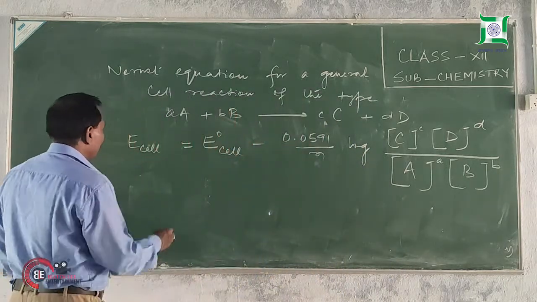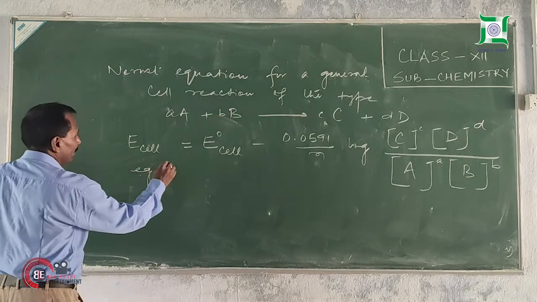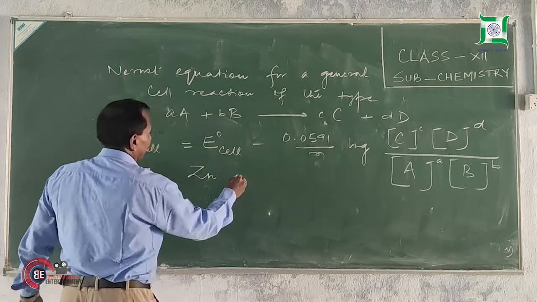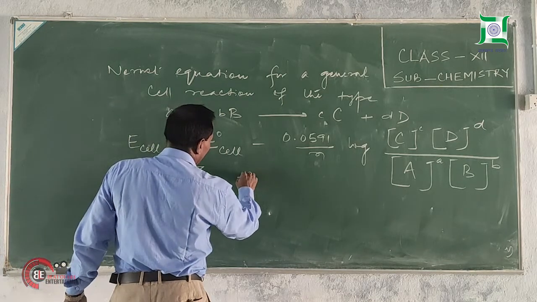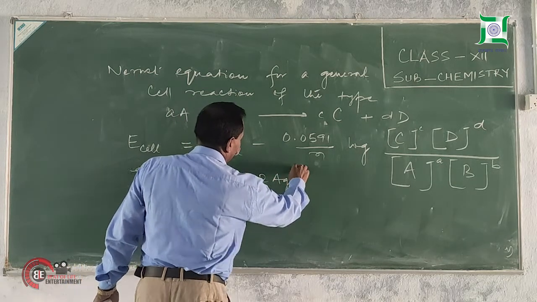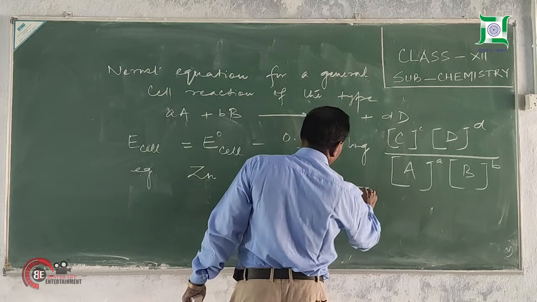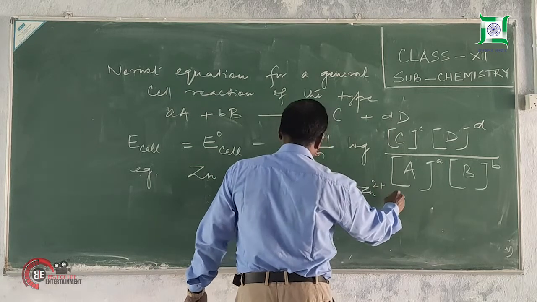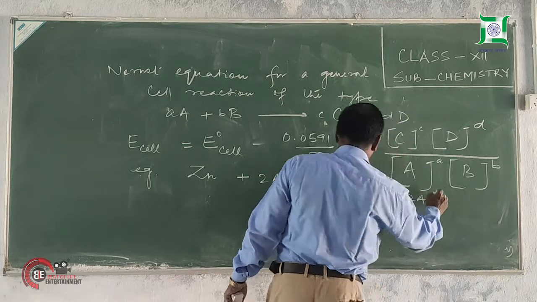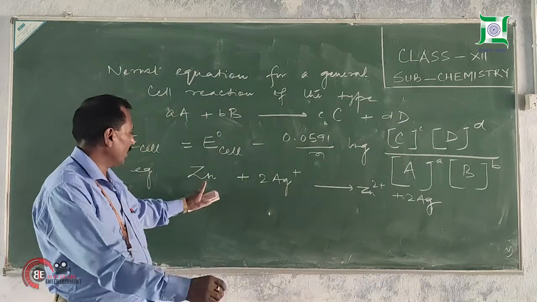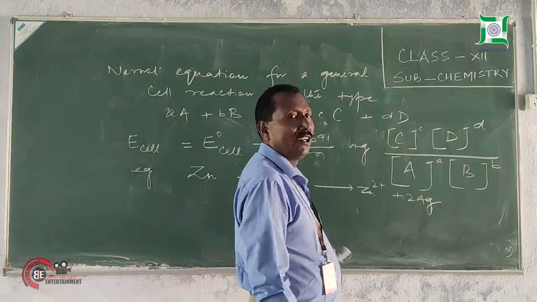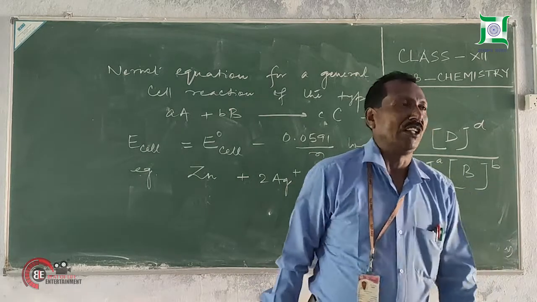Say for example, if you have the reaction Zn plus 2Ag+ gives Zn2+ plus 2Ag. By using zinc and silver, we make a galvanic cell.